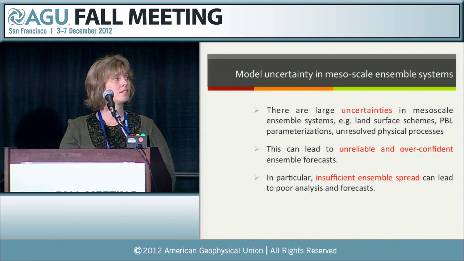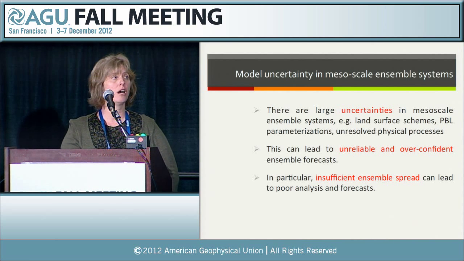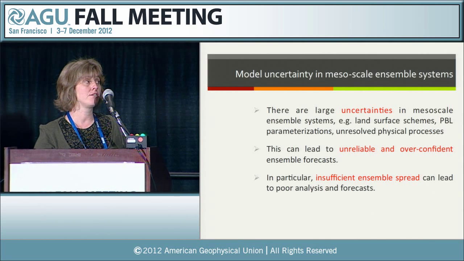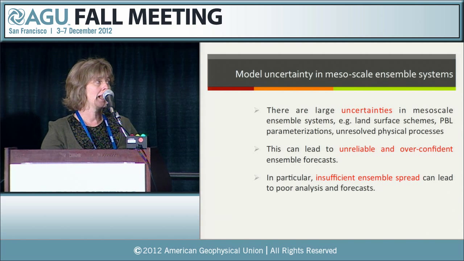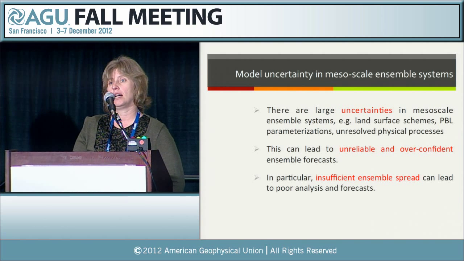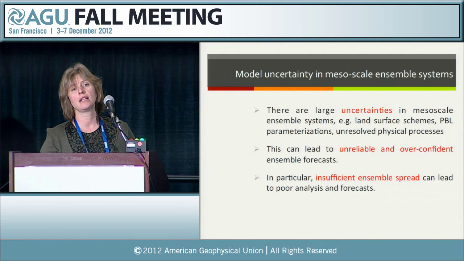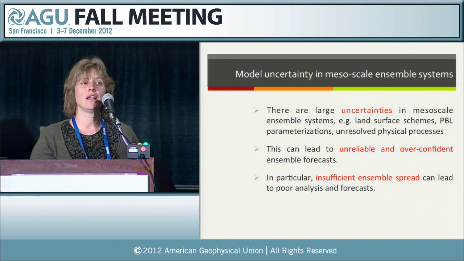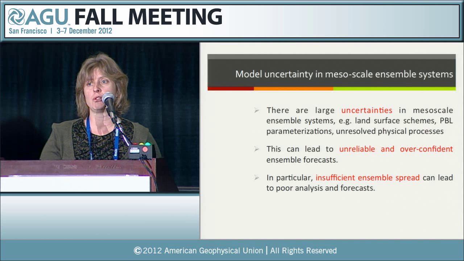This can lead to unreliable and overconfident ensemble forecasts, and in particular, insufficient ensemble spread can lead to poor analysis and forecasts. This is a problem in forecasts, but it is even more a problem in ensemble data assimilation, where there is the danger of the ensemble system collapsing.